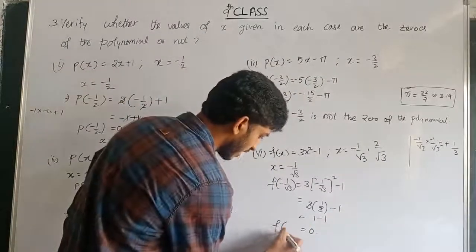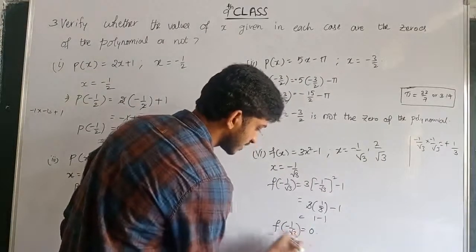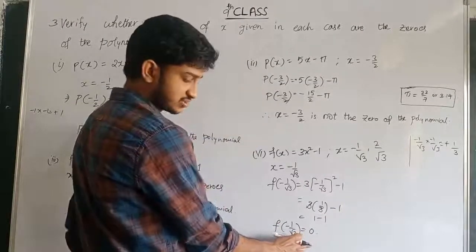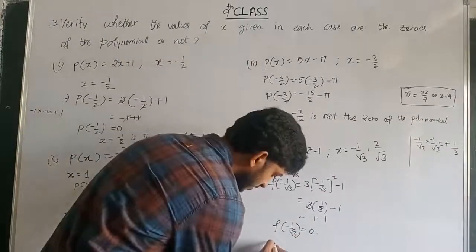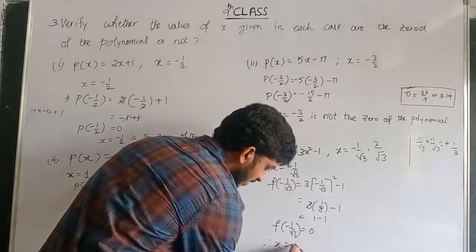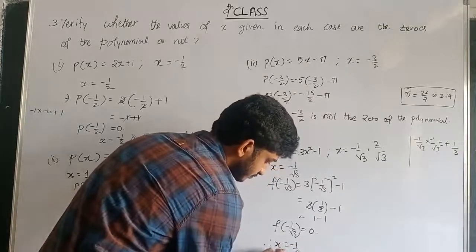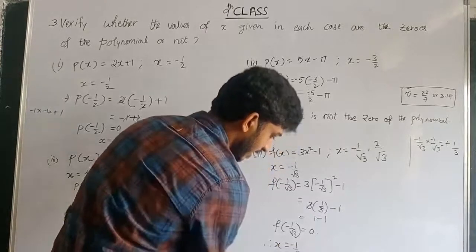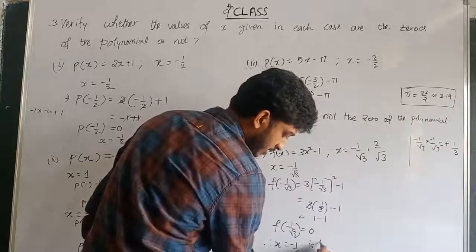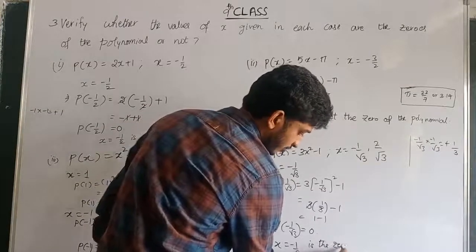So we got at x equal to minus 1 by root 3, f of x equal to 0. Okay, means x equal to minus 1 by root 3 is the 0 of the polynomial.